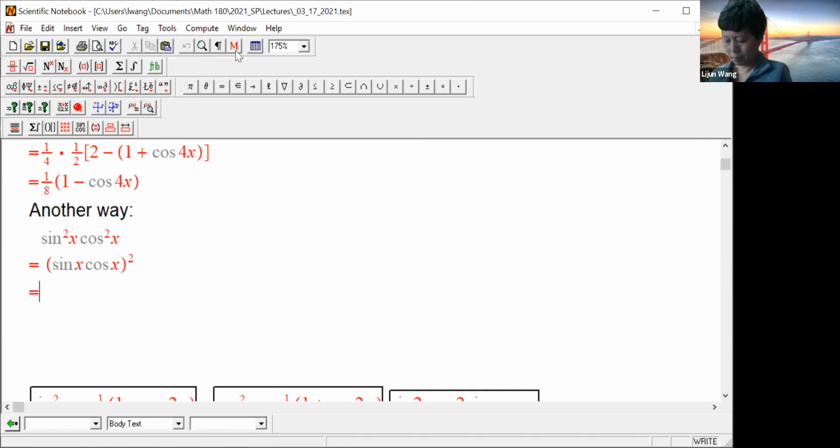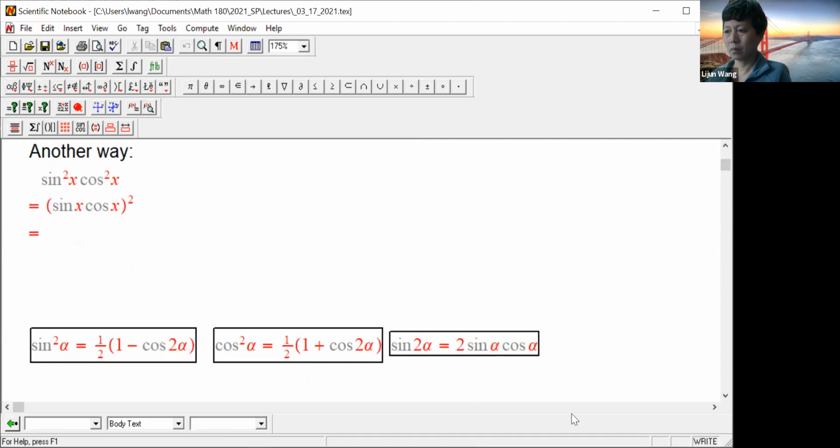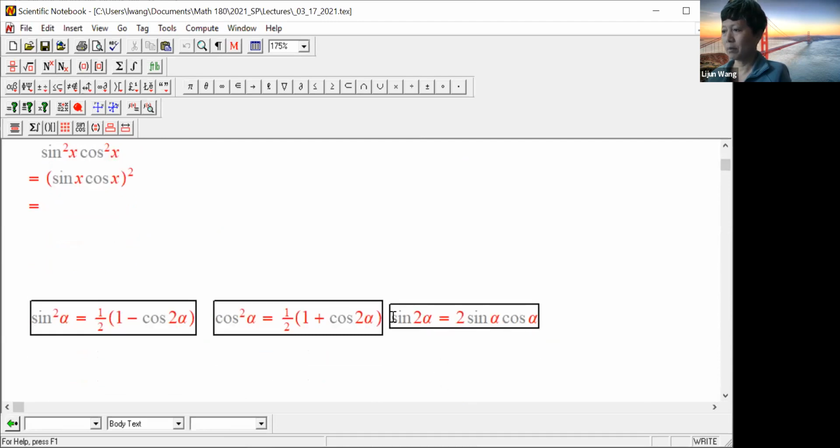Inside here, I'm going to use this formula, the double angle for sine.